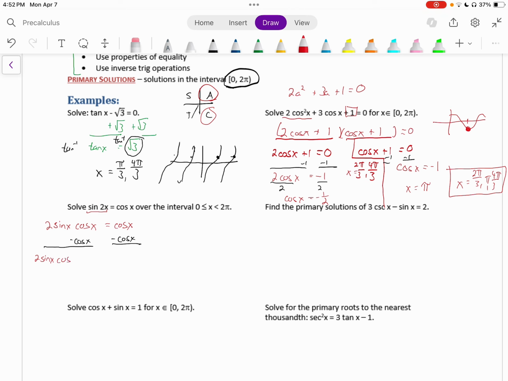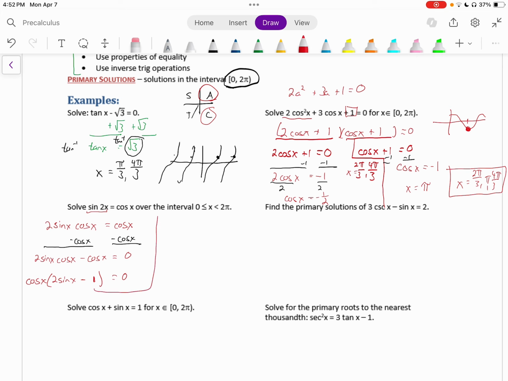And once we do that, we can factor, because now this is set equal to 0. So we see that there's a cosine x in common. So cosine x, factor that out, times 2 sine of x minus 1. And now we have two things that multiply together to equal 0.